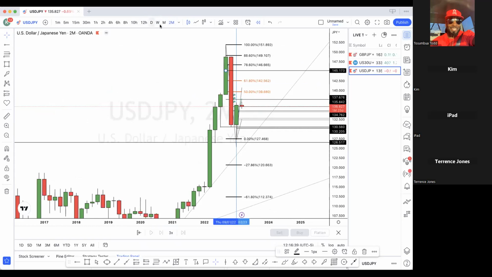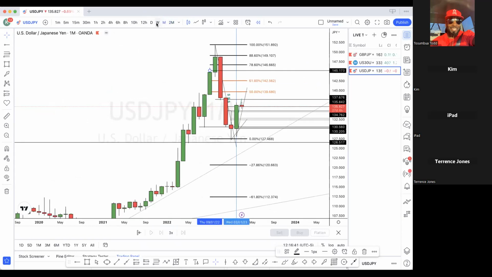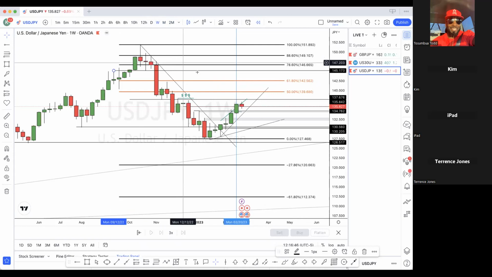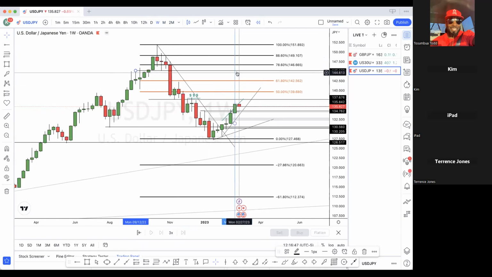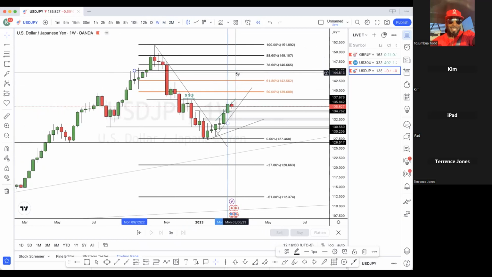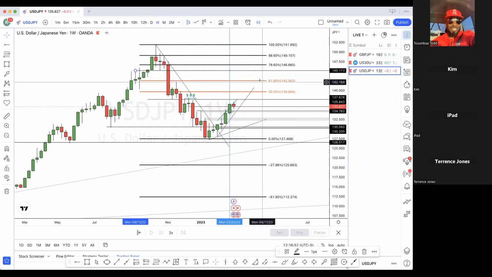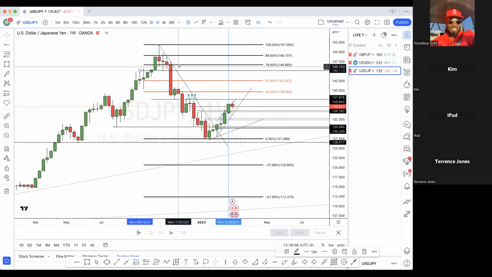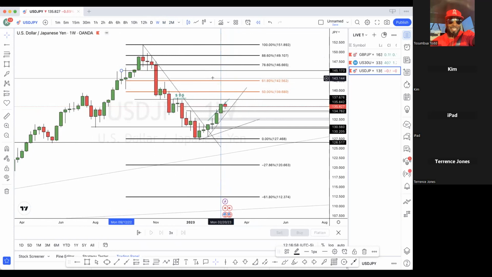I made this calculation, I want to say, in December. Oh, I wasn't a trader back then. Just kidding.